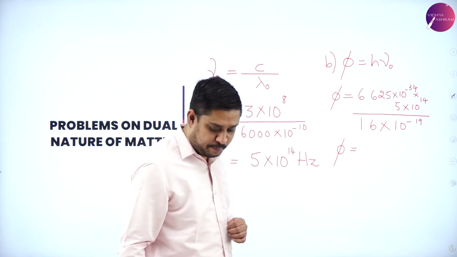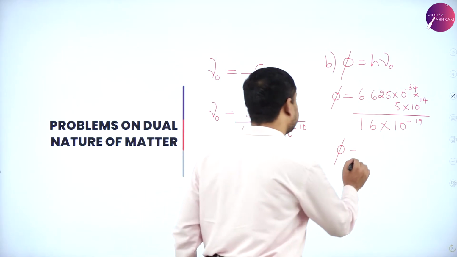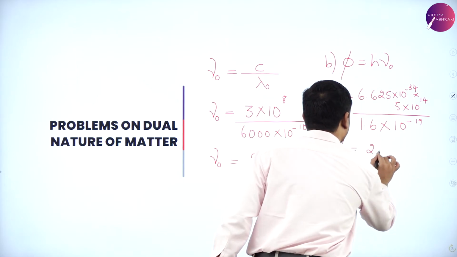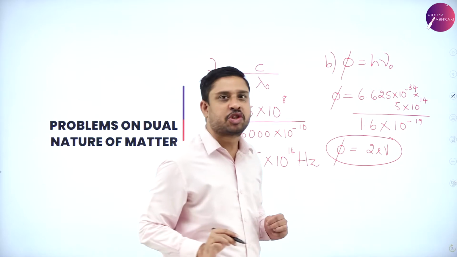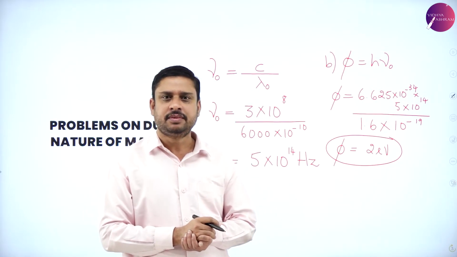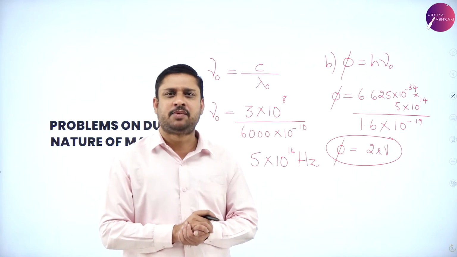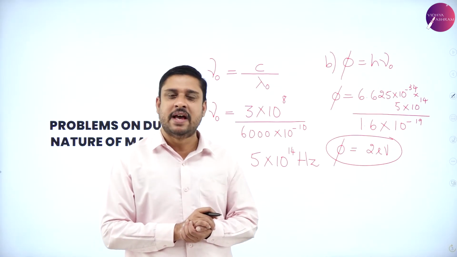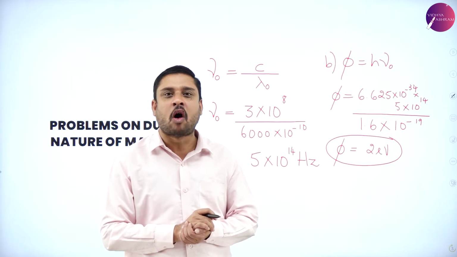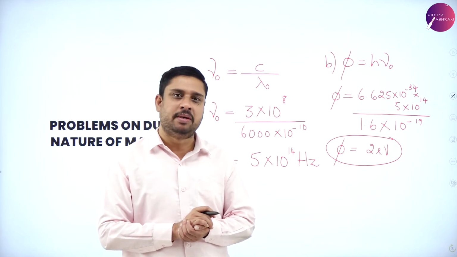On simplification, this is nearly 2 electron volt. So this is the work function of the metal. Little bit of concepts, little bit of expressions, very easily I can solve the given problem.